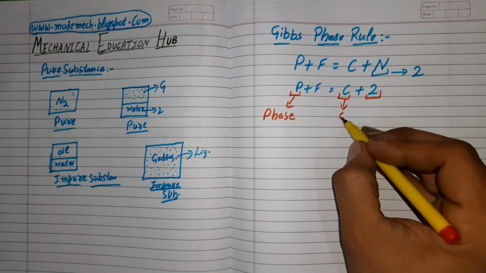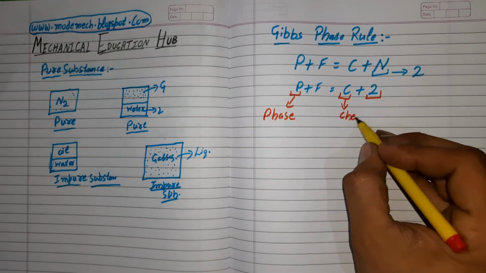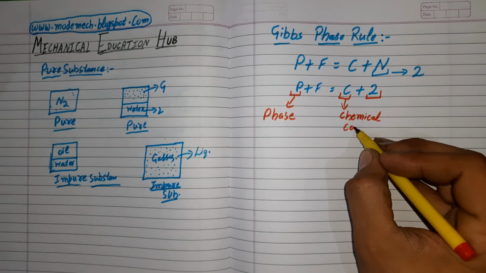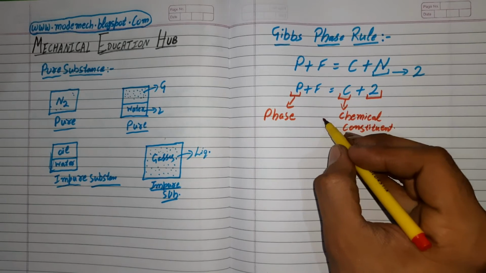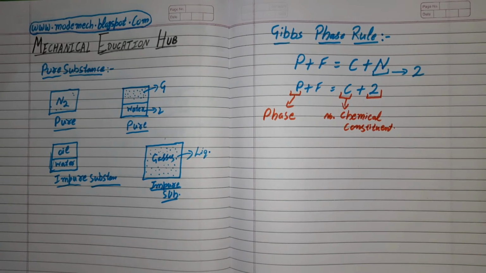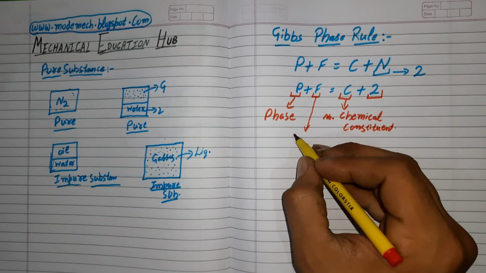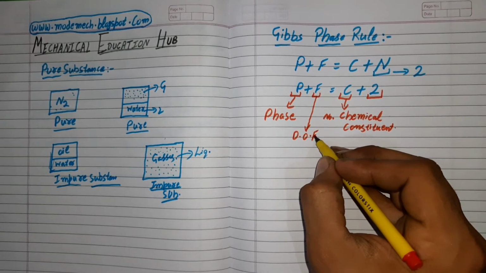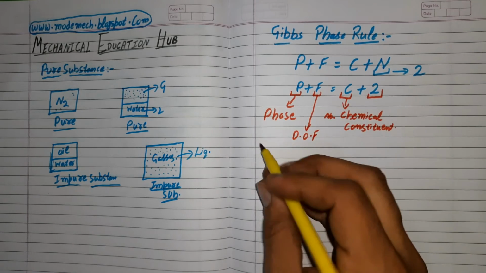Now the C represents the number of chemical constituents, and obviously this F will be the degrees of freedom, which we need to calculate. Let's understand this with some examples.